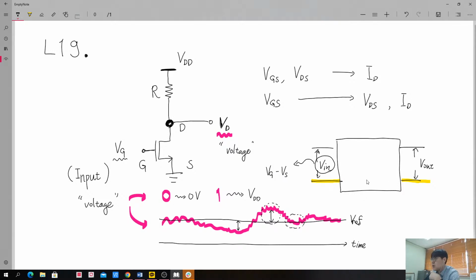This is just VGS, and in this case we can treat the difference between drain voltage and source voltage as the output voltage.